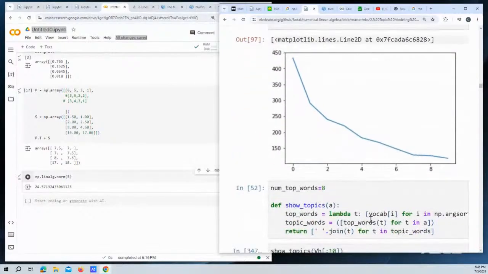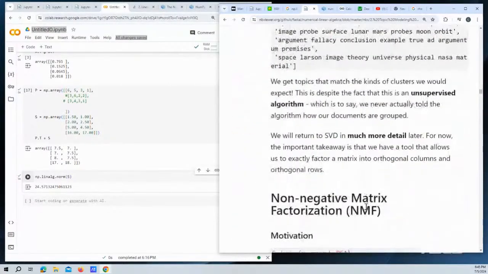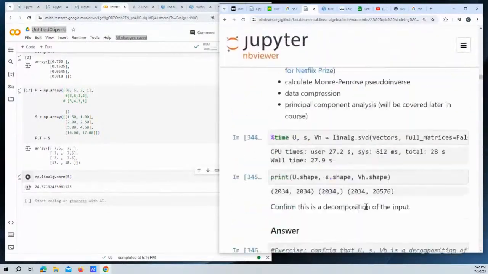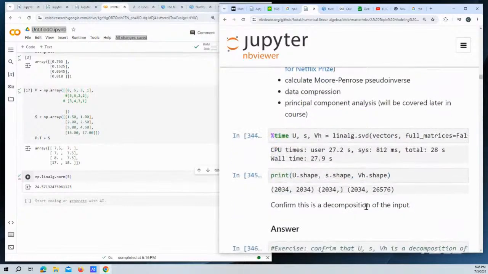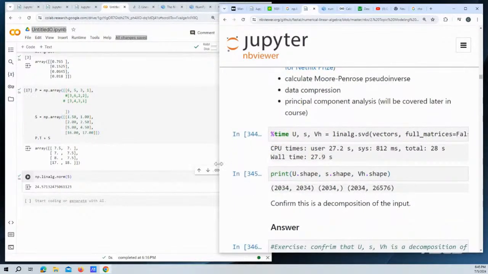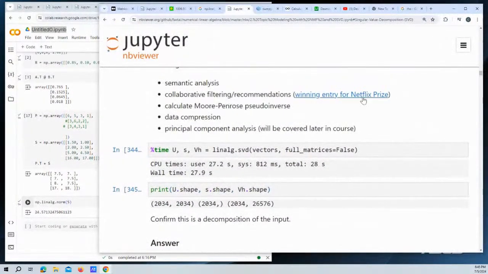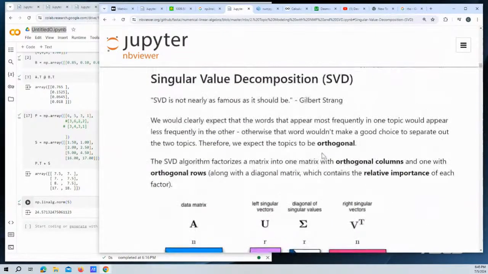Okay, so they're just using built-in functions for SVD.